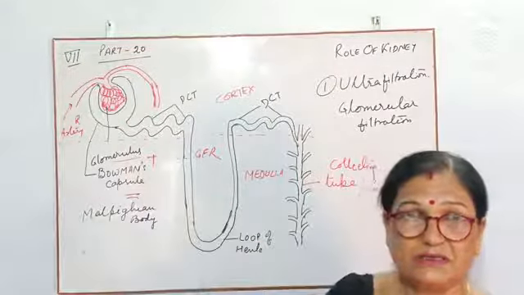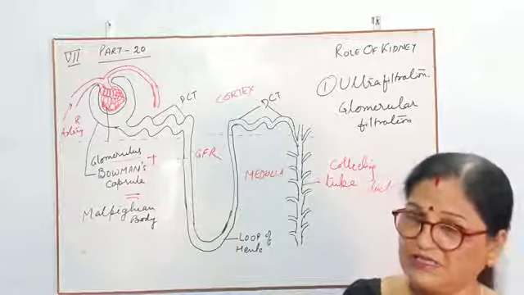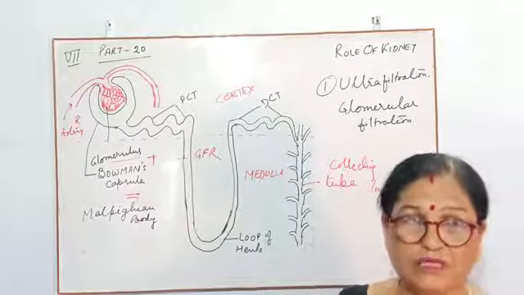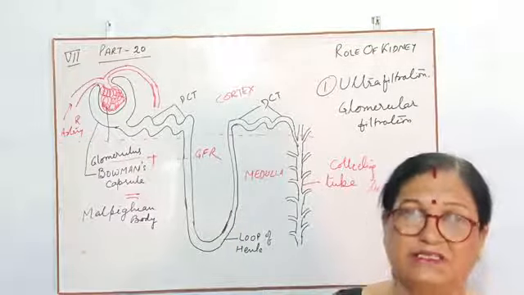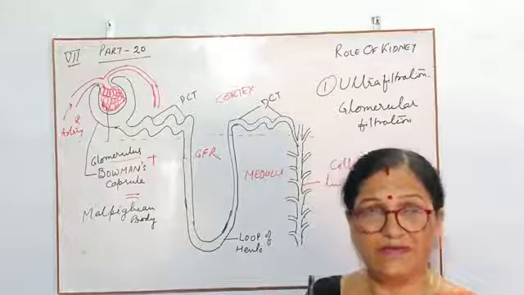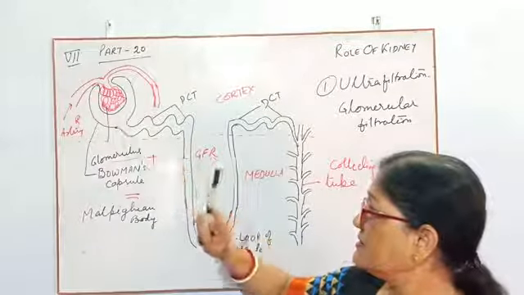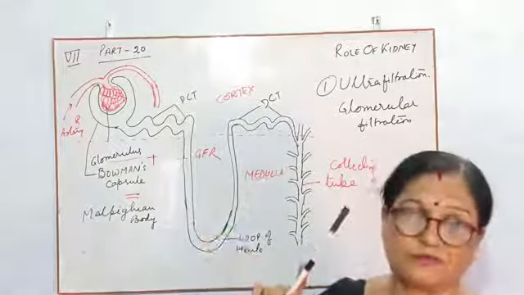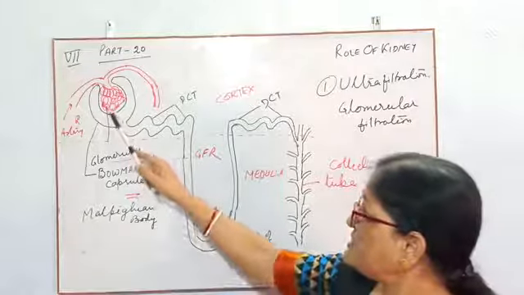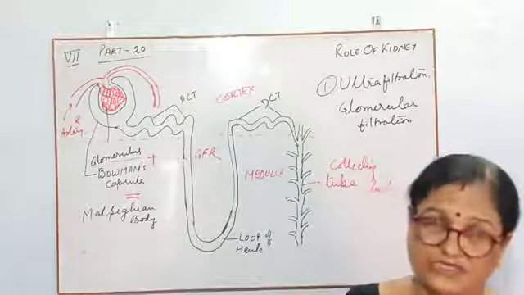Along with the urgent material which should be thrown out, and along with the essential materials which should stay inside our body, everything can be filtered inside that Bowman's capsule. So the filtration takes place with high hydraulic pressure.